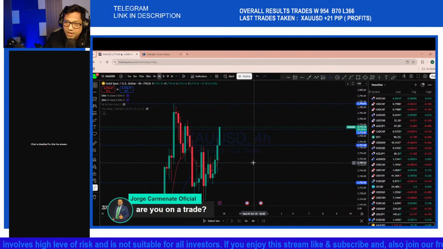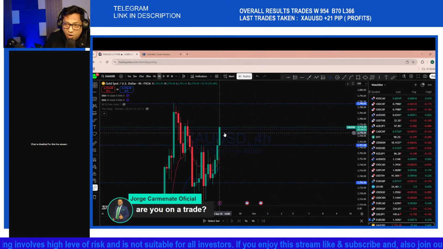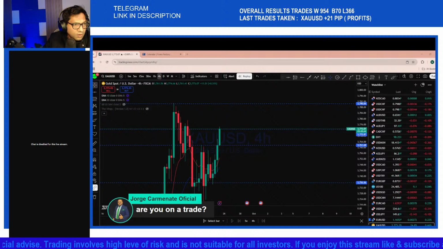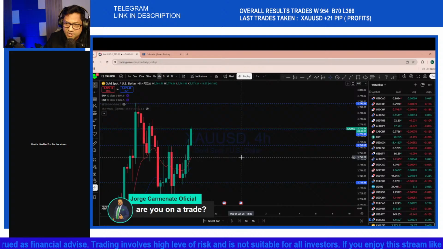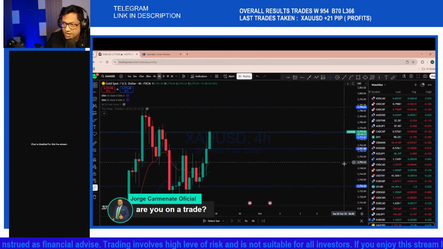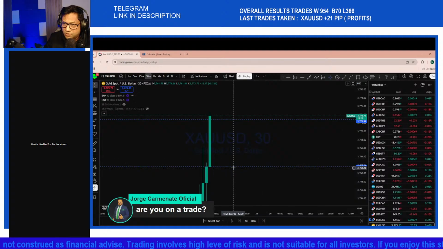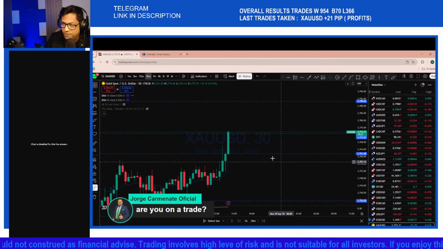Now it has a complete breakout from this level. Complete breakout from this support level that you can see, the market from the 4-hour chart had a complete break above in that area, looking for the market to test and then to reject back again.